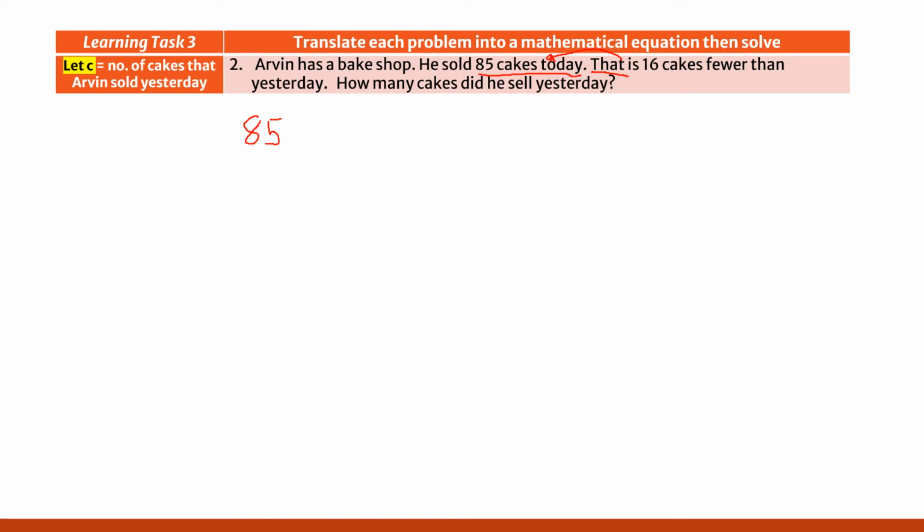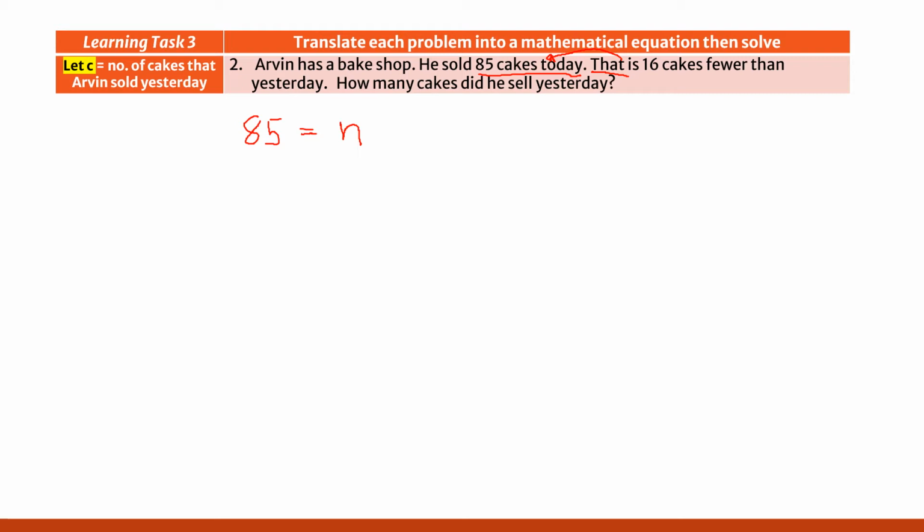So 85 is what? According to the problem, 16 fewer than yesterday. So kapag sinabing 16 fewer than yesterday, mas mababa ng 16. Meaning to say, kung halimbawa ang benta ngayon ay 85, tapos halimbawa nagkataon na ang benta kahapon ay parehas na 85, pero hindi kasi sabi sa problem, it is 16 cakes fewer than yesterday.